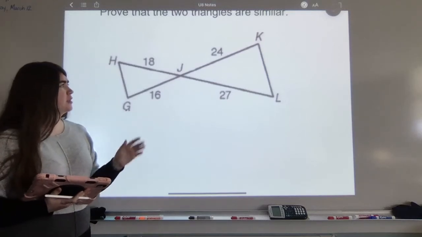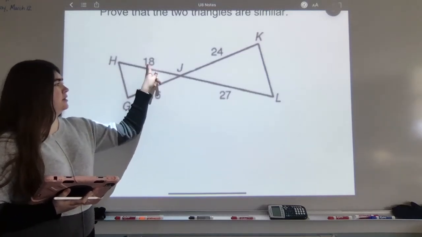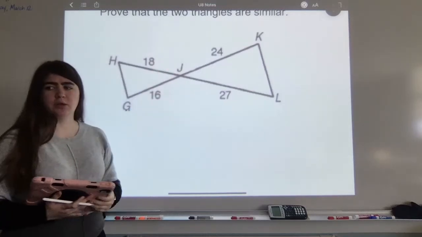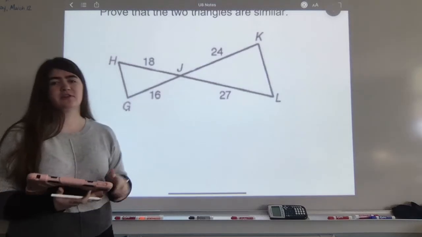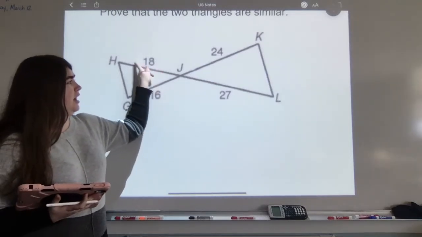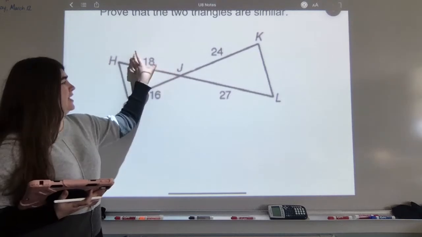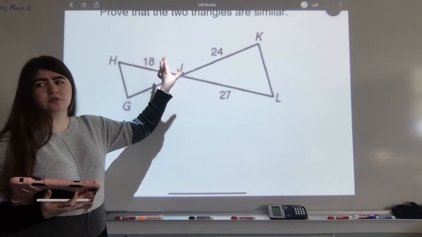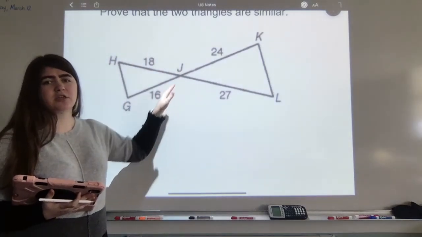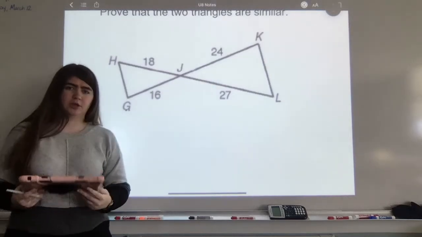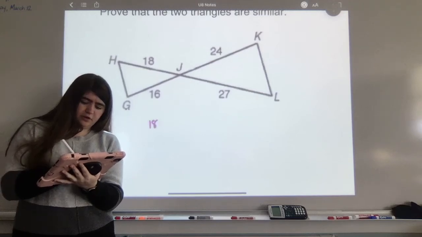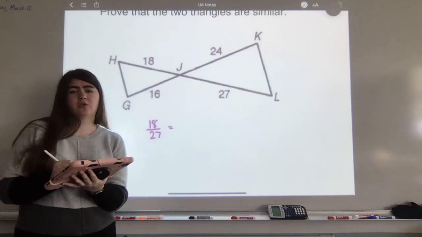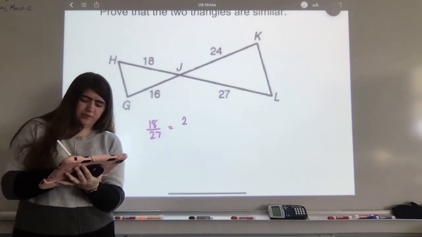So I'm going to start by checking my side lengths for a similarity ratio. When we're looking at triangles like this, the similar side lengths are going to be on the same line. So I have 18 to 27, and I have 16 to 24, and that's the ratio we're going to be looking for. So I have 18 over 27, which, if we divide both of those by 9, gives me 2 over 3.